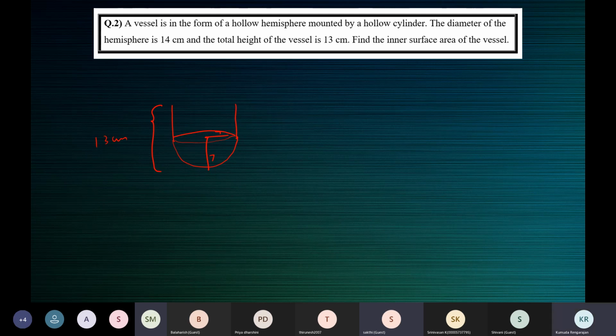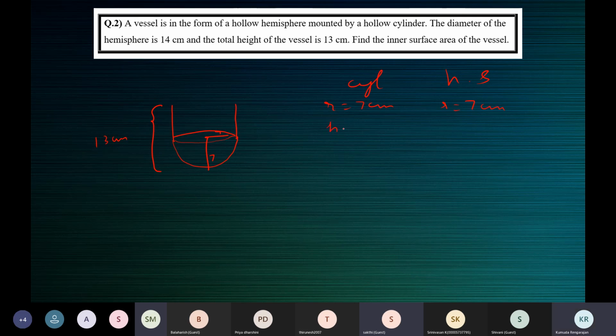What are the two solids here? Cylinder and hemisphere. Very good. What's the radius of the cylinder? 7 centimeters. What about the radius of the hemisphere? 7 centimeters only.